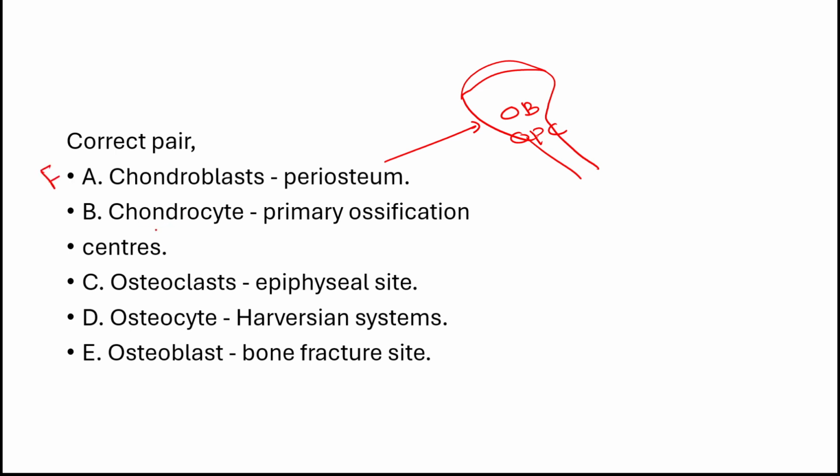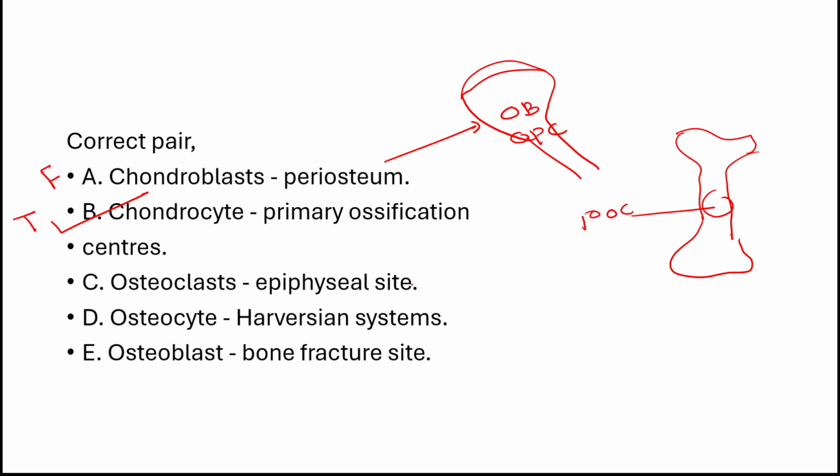Chondrocytes in primary ossification centers: as I said, in the cartilaginous model, the primary ossification center is found in the central region. Because of the compromise of blood, the chondrocytes undergo transformation to form osteoblasts. These osteoblasts will produce the matrix and will cause ossification. So this is not the primary ossification center. Chondrocytes are seen. Yes, that's true.